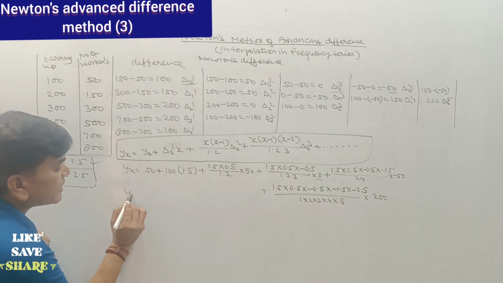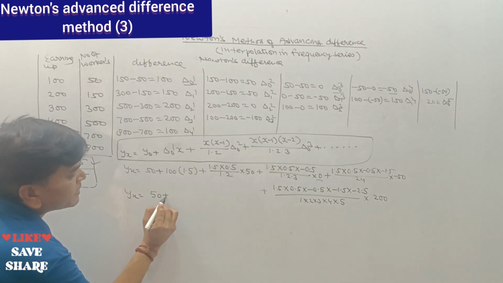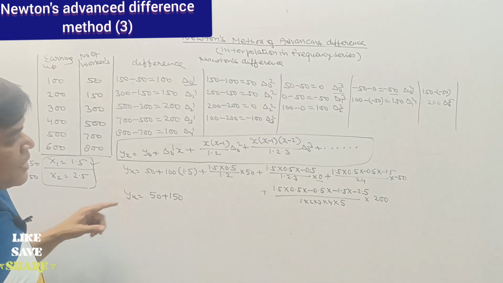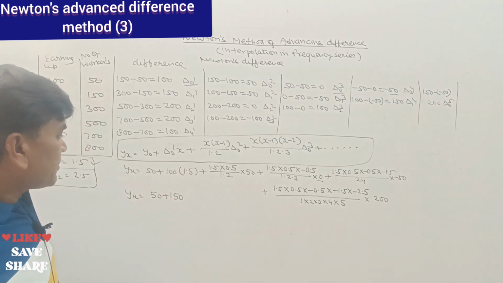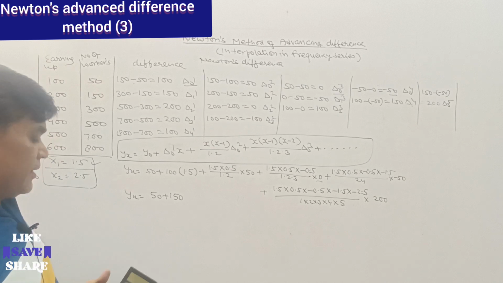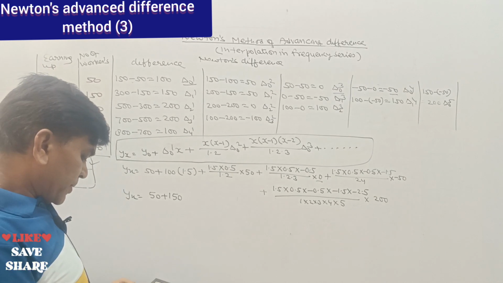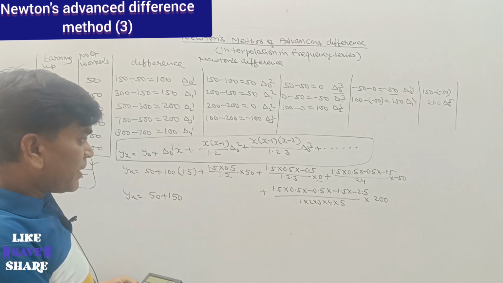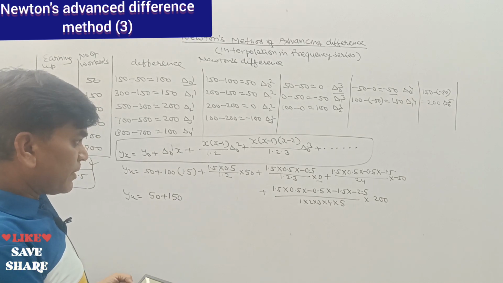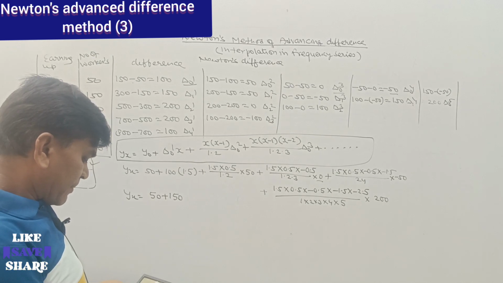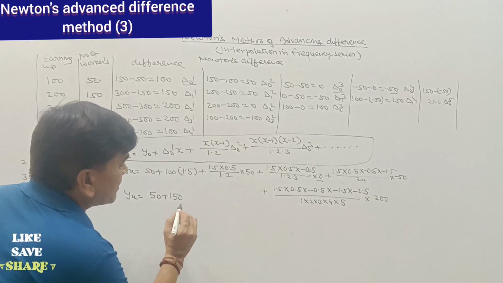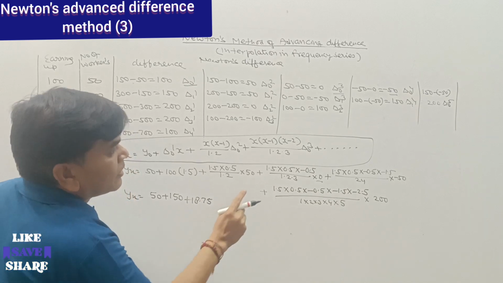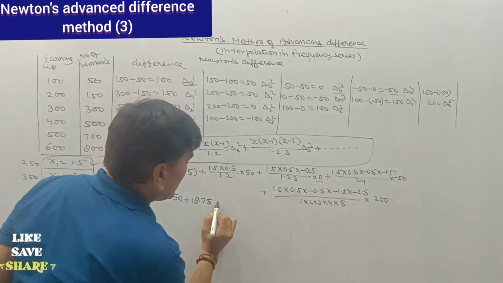Getting the result of this: first one is 50, second one is 150. So 50 plus 150, now 1.5 multiply 0.5 multiply 50 divided by 2, that is 18.75. The next term has a factor of 0, so the total value will be 0.